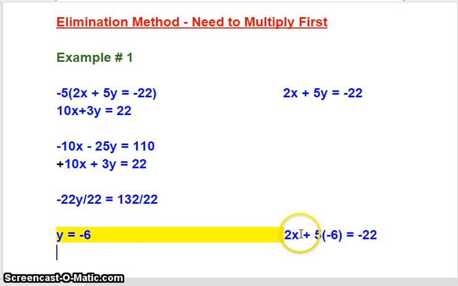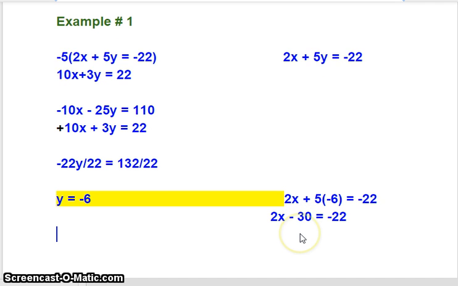We do the math. We get 2x minus 30 equals negative 22. Add 30 to both sides. Right?